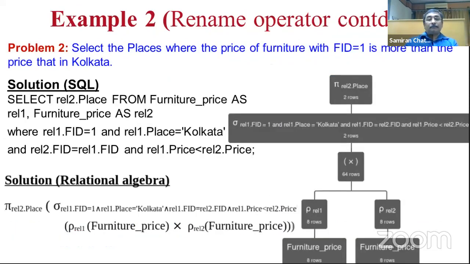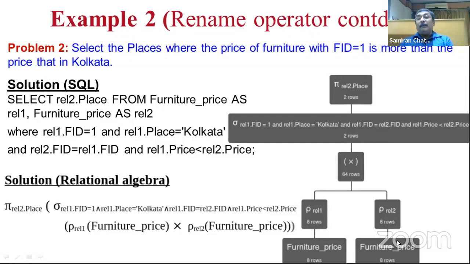Look at this. I first rename the table as rel 1. The second table, I rename it as rel 2. Then I do a cross product. And after that I say, in the left table, look at FID 1 and the place Kolkata.